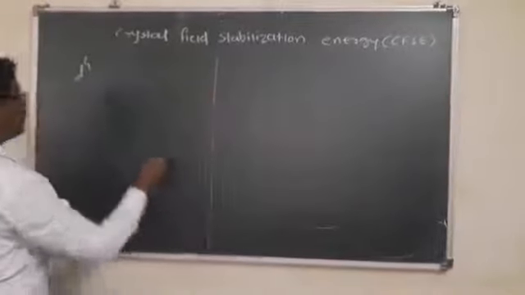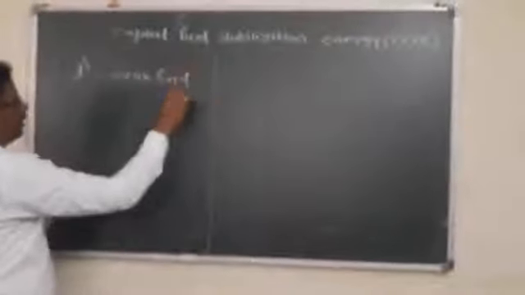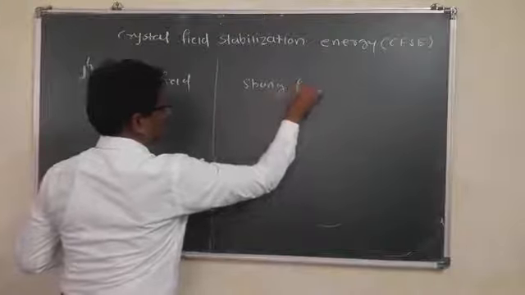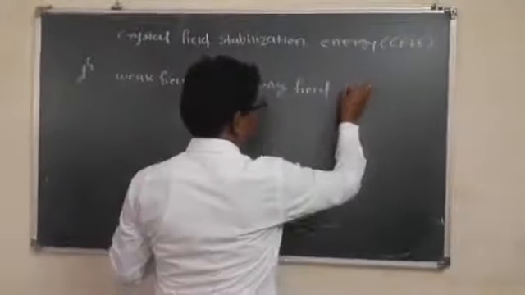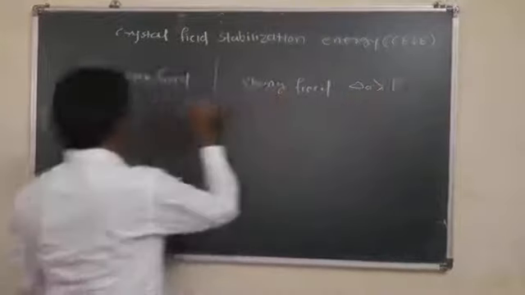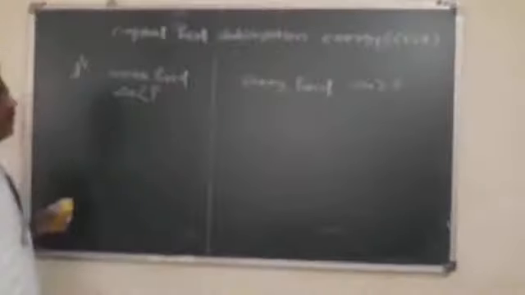And the d4 electron configuration. There are two types of electron configuration for d4: in the presence of a weak field and in the presence of a strong field. Strong field means delta O is greater than the pairing energy, and weak field means delta O is smaller than the pairing energy.